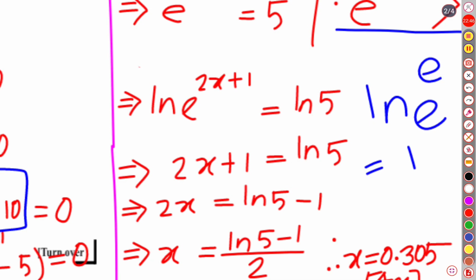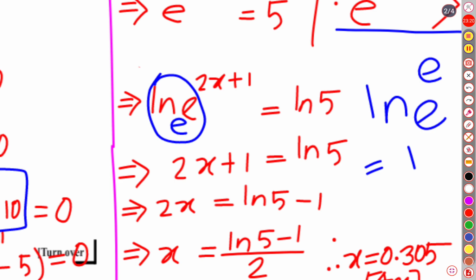For ln, the base is e, and the argument is also e, so ln e is actually 1. When base and argument are the same in any logarithmic function, that is 1. And ln means natural log, with base e.